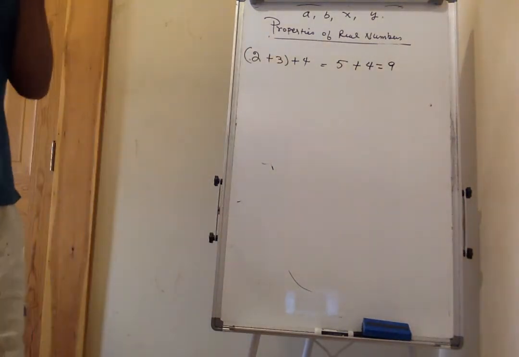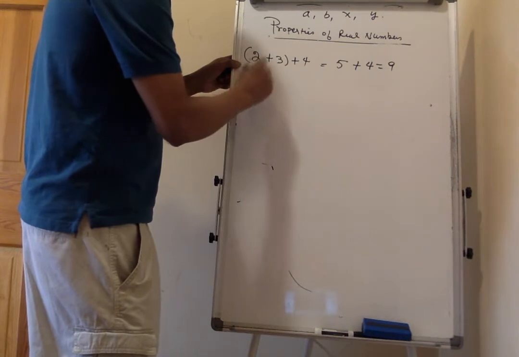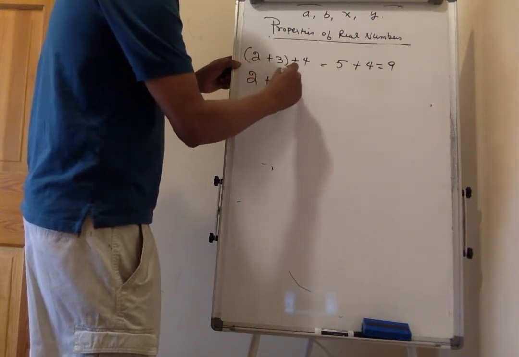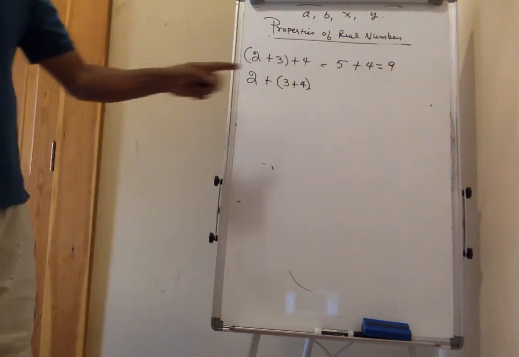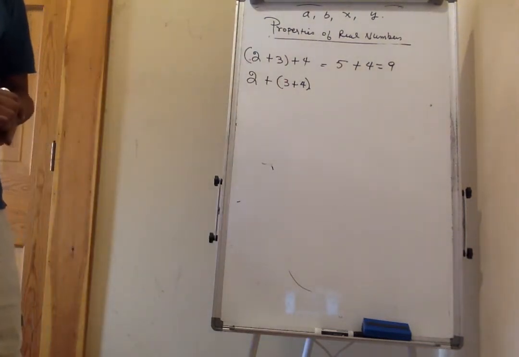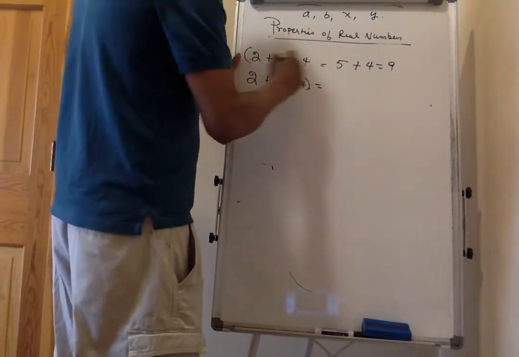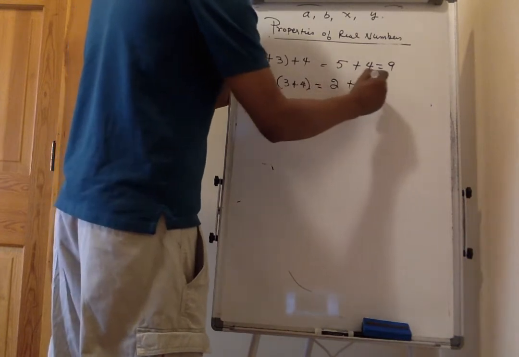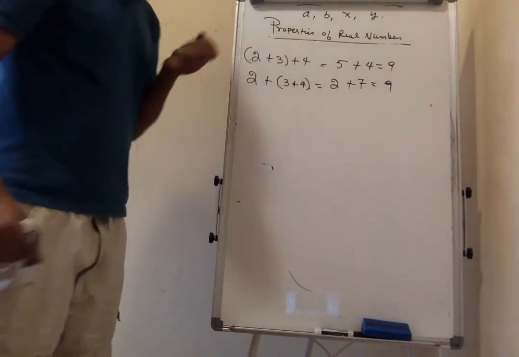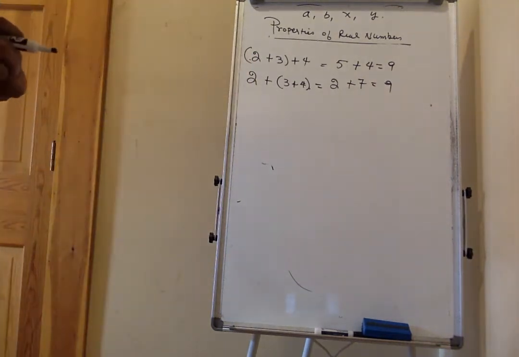We got the same outcome. But now I'm going to do differently. So I'm using the parentheses for 3 and 4. In this instance, this is 2, and then 3 plus 4 is 7, and 2 plus 7 is equal to 9. So whichever order that I put, I would get the same outcome.